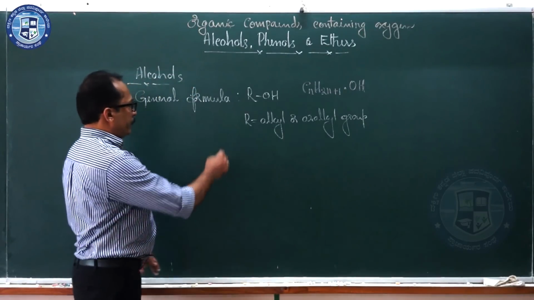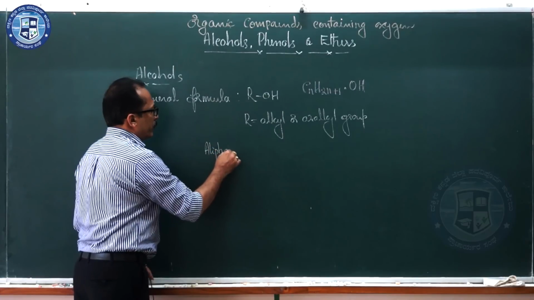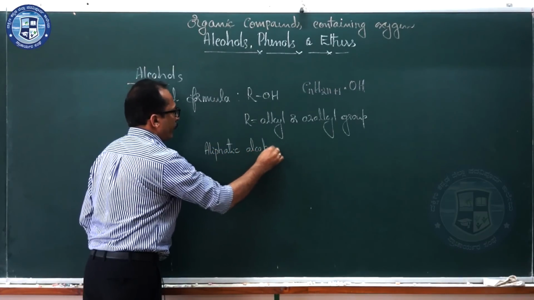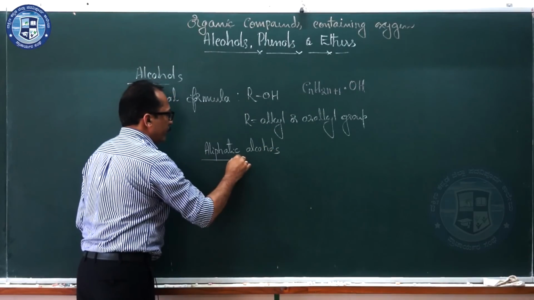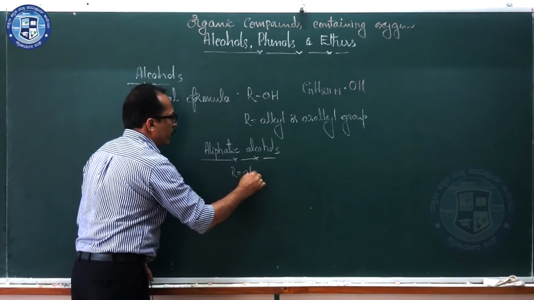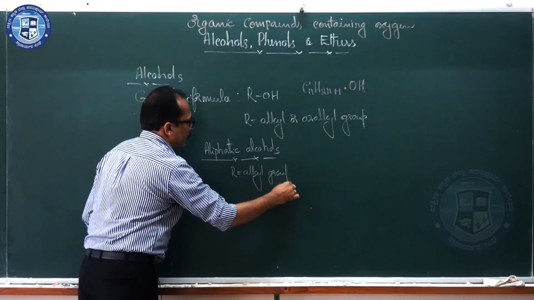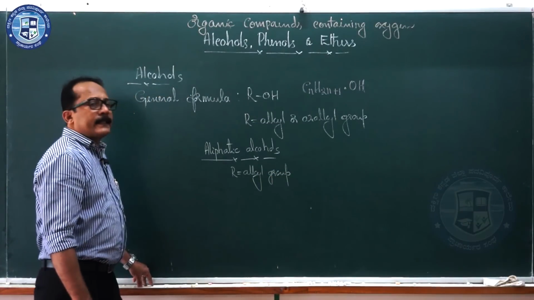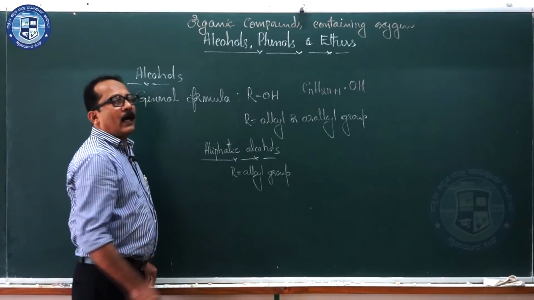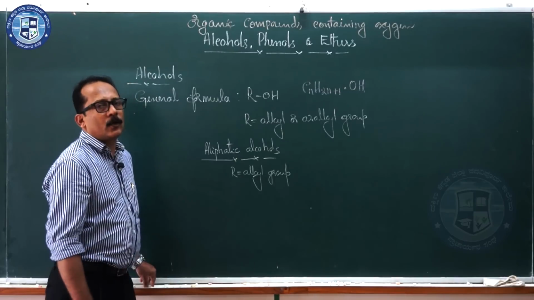Now, aliphatic alcohols. In aliphatic alcohols, R is an alkyl group. Examples of aliphatic alcohols: methyl alcohol, ethyl alcohol, propyl alcohol.